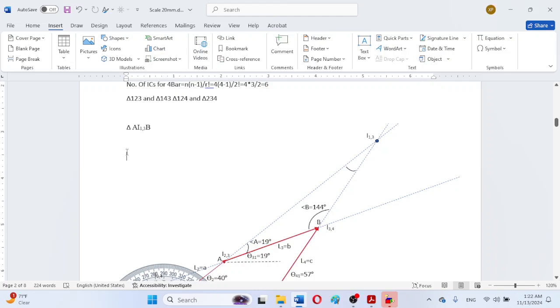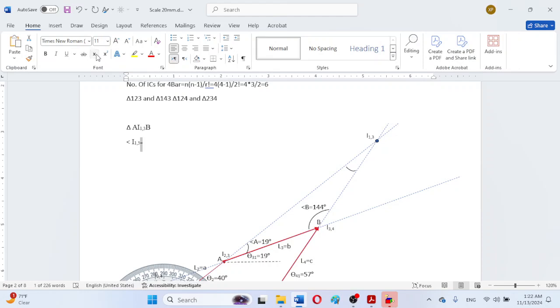So I can write here that the angle at I1,3 will be equal to 180 degrees minus the sum of the angle at B plus the angle at A, in this way.